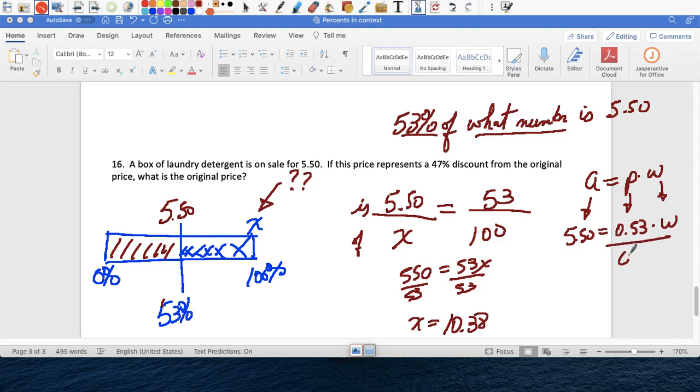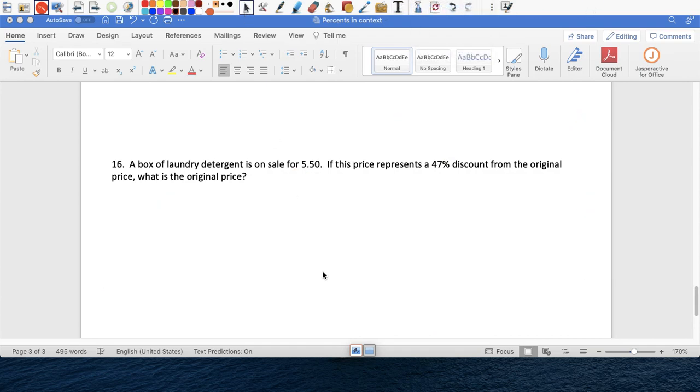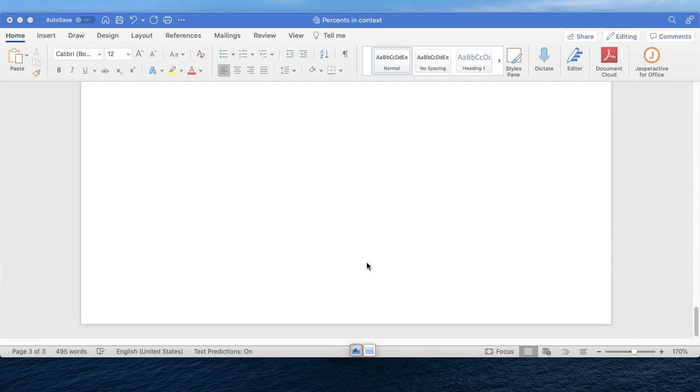Again, same thing here: divide by 0.53, 5.50 divided by 0.53. You're going to get the exact same number. W, the original price, equals $10.38. Whichever one you pick, it's fine. Is that it? All right.